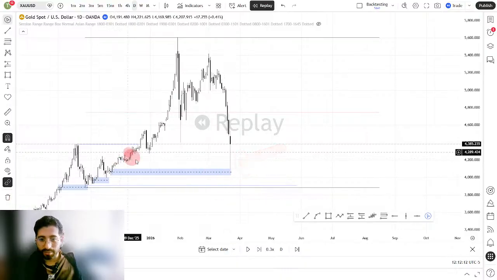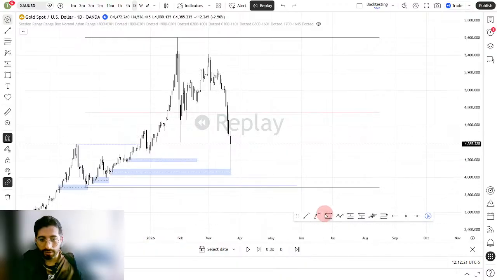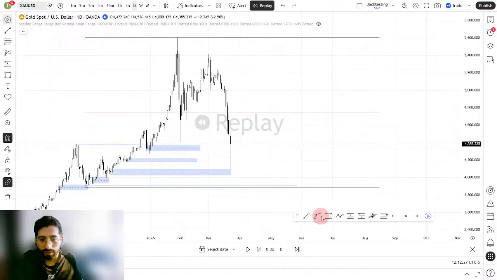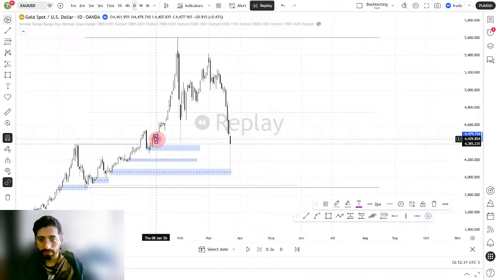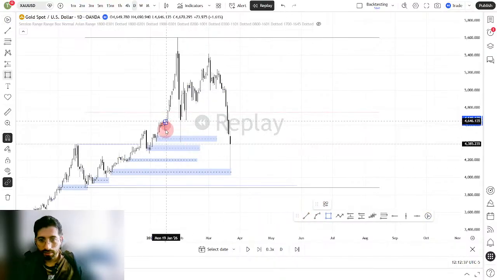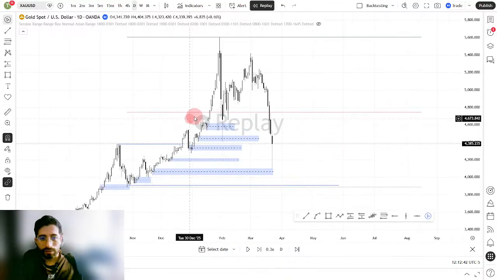Why this order block? There were plenty of order blocks here.